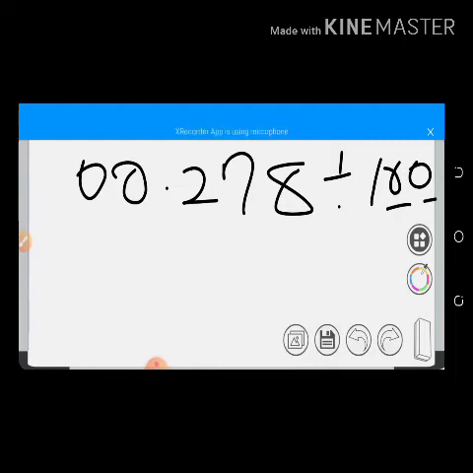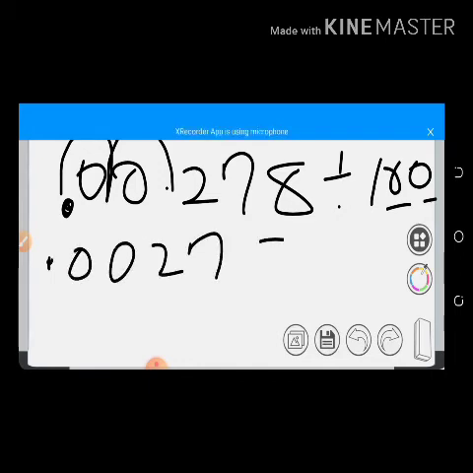So 100 has 2 zeros, but because we are dividing, we don't move backward, we move forward. So we move our decimal forward twice, 1 and 2. Our decimal will now be here. Our answer will now be 0.00278.